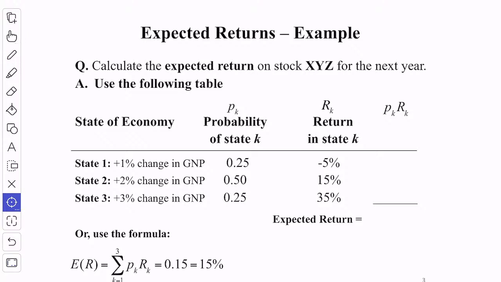You make a column for probabilities, a column for the returns, and you multiply across the columns. I'll do it for you to say I did it.